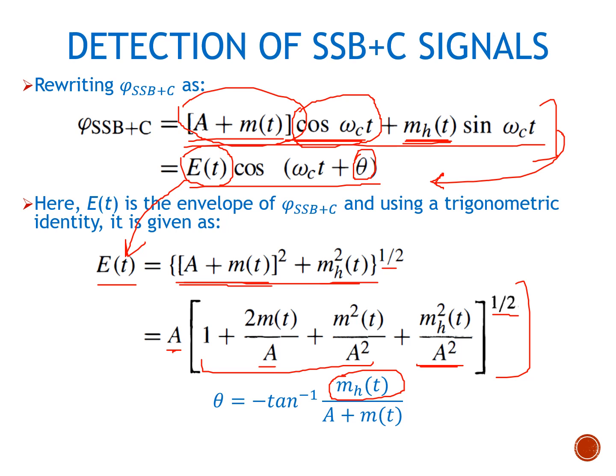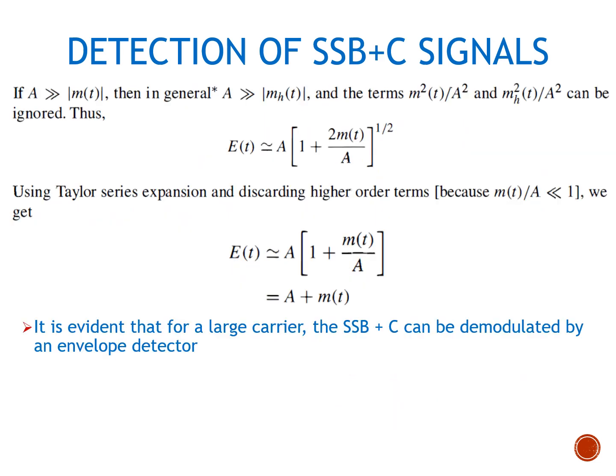Now from this expression, there are certain changes that we can make if the amplitude of the carrier is very high, much higher than the magnitude of the message signal. That means this A would also be much higher than the magnitude of the Hilbert transform of the message signal.